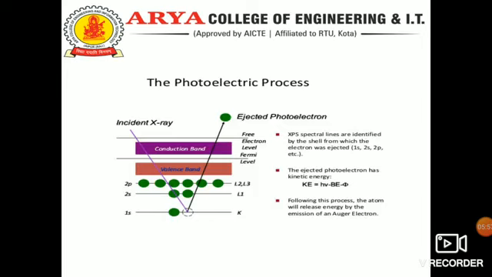Photoelectric process, in which XPS spectral lines are identified by the shell from which the electron was ejected, which is 1s, 2s, 2p, etc. These are the classes, and the ejected photoelectron has the kinetic energy which is equal to h nu minus BE minus phi.